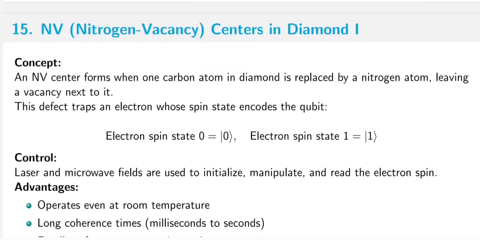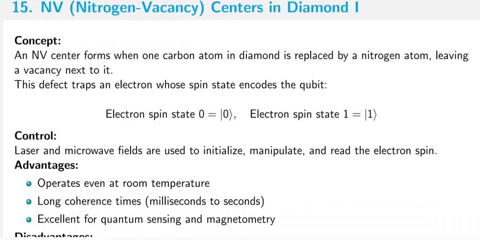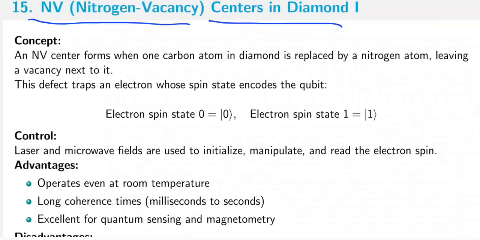So moving on to one more important topic, that is nitrogen vacancy, NV centers in diamond. So what is a nitrogen vacancy? Diamond is made of carbon atoms in a lattice. What we are doing is replacing a carbon atom with a nitrogen atom.